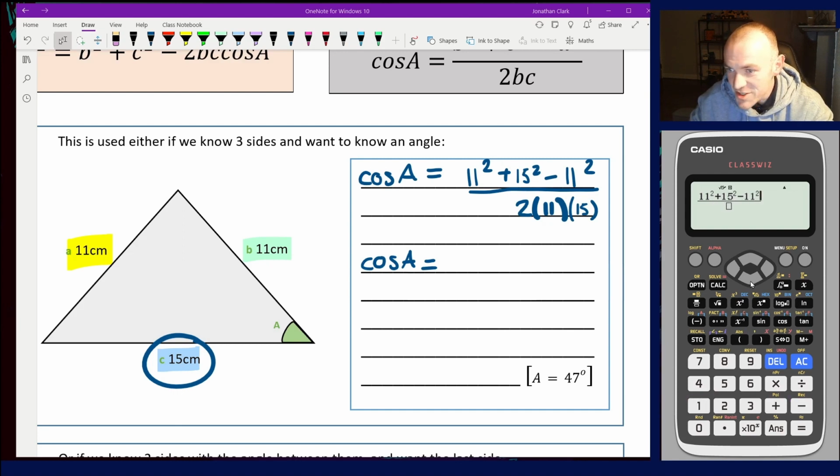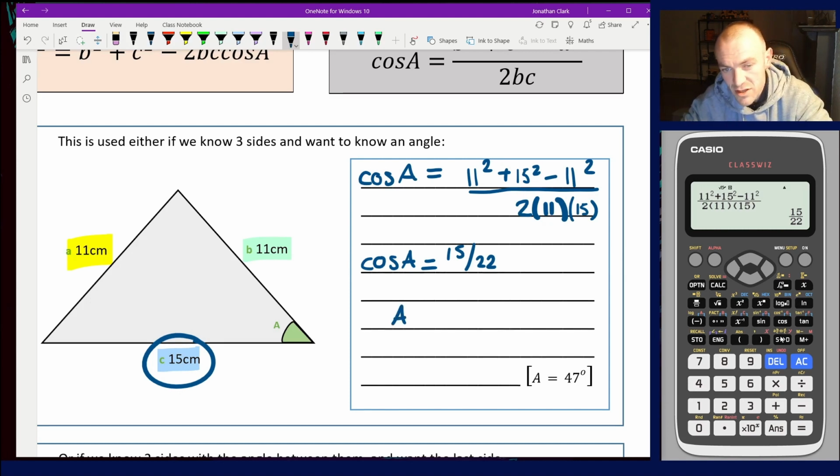Those observant amongst you might realize that we've got 11 squared take away 11 squared on the top, which is just going to cancel, right? You're just going to get 15 squared on the top, which I think is 225. And that is our simplified fraction, that cancelled down version. Like in the sine rule problem, this doesn't give you the value of the angle straight away.